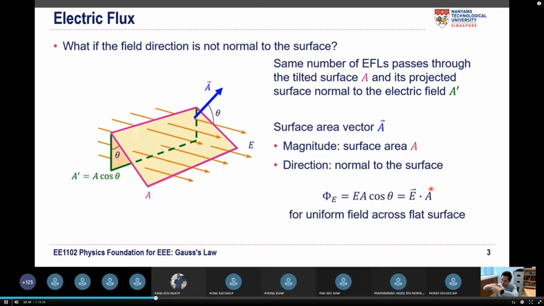If they are pointing in the opposite direction, that will be negative, because the theta is going to be 180 degrees, and the cosine of 180 is -1. But then the question is, which way is A pointing? Because in this case, if we look at this purple highlighted rectangle, A can be pointing that way, or A can be pointing the other way, right? You need to determine what is going to be the positive A, whether it's this one or that one. And that one we will be discussing.